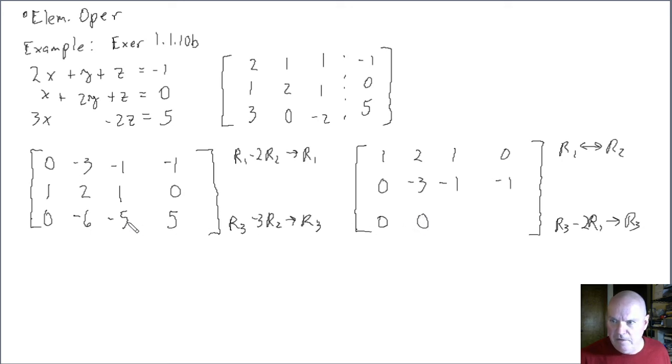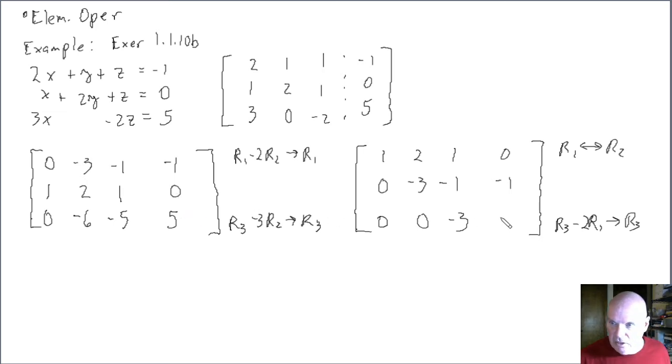Now I'll have minus 5 minus 2 times minus 1, so that would be minus 5 plus 2, or minus 3. And then I'll have 5 minus 2 times 1, minus 2 times a negative 1, so that would be plus 2.